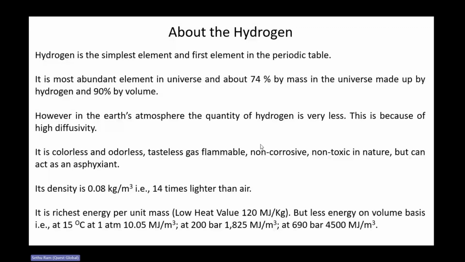So if we compress the hydrogen to very high pressure, then the energy per unit volume will be more. That's why storing hydrogen is difficult and making it into liquid state is also difficult. Some processes will be difficult for hydrogen. So that's why more and more research is going on in hydrogen.